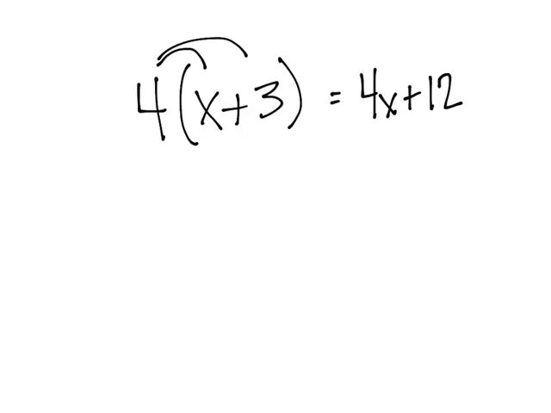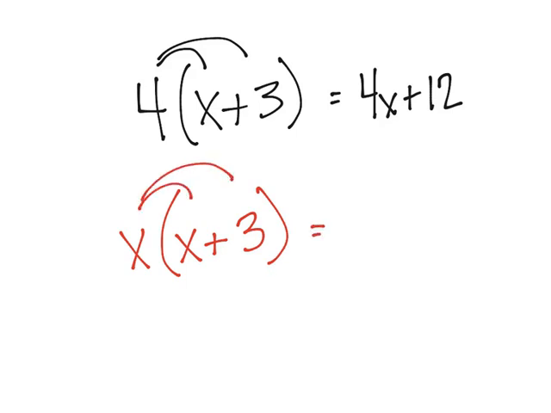The more generic example is simply x times x plus some value. In this case, I'll use 3. We're once again distributing, and x times x becomes x squared, x times 3 becomes 3x. So we've been doing this type of monomial times binomial for quite a while.